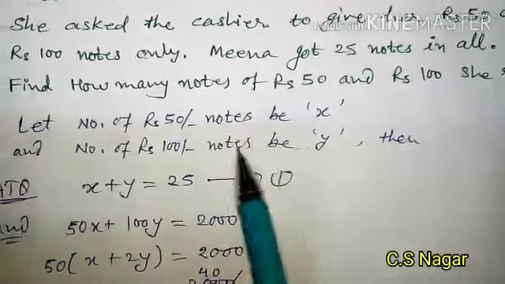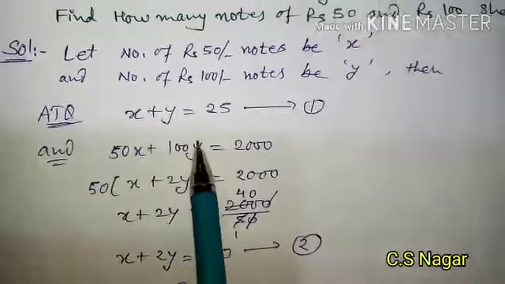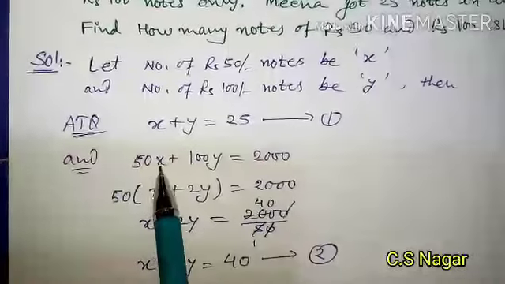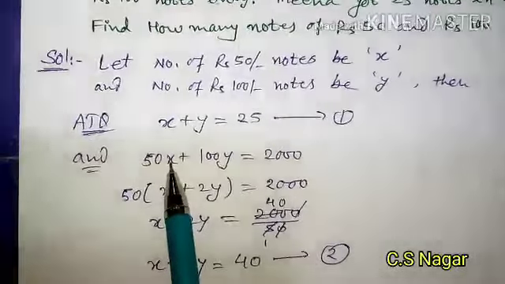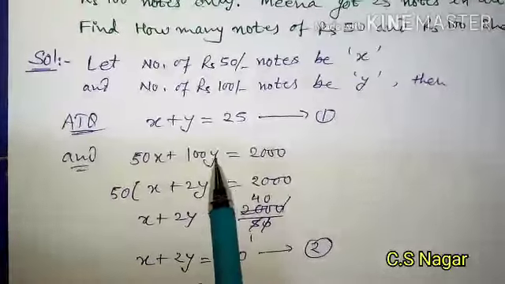So 50 into x plus 100 into y, and the total money is 2000, because x is the number of notes of 50 and y is the number of notes of 100.